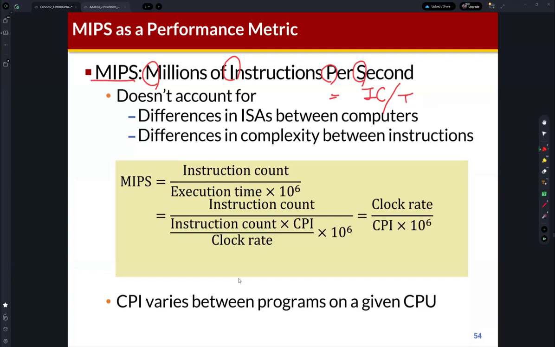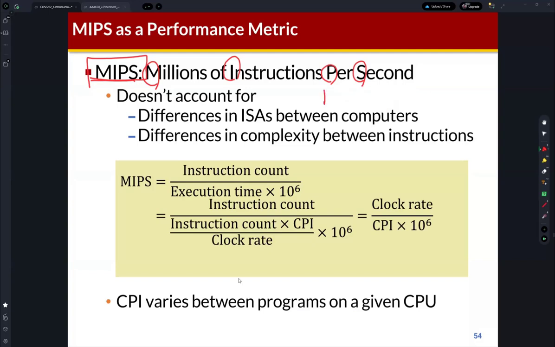This represents the MIPS. So sometimes we can use MIPS for representing the performance of a computer system. Why?